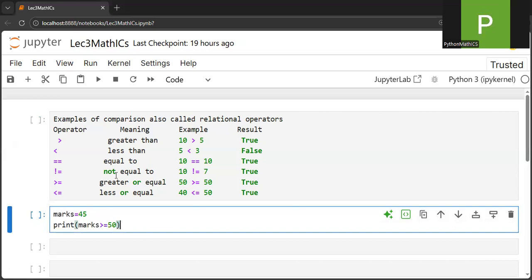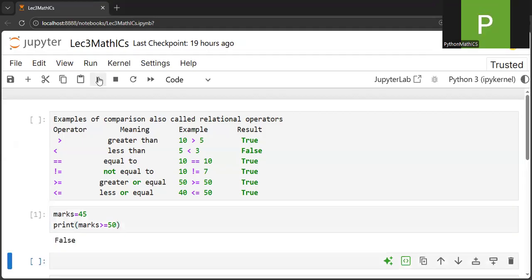You understand in many institutions, the passing marks are 50. So if it is greater than or equal to 50, then that student has passed, otherwise fail. So we check whether here true means that he's successful and false means that he has failed, in fact. So let's run the cell. You understand we are using the Jupyter notebook currently. So these are cells where we write our code, and then this is the run button, we run it.